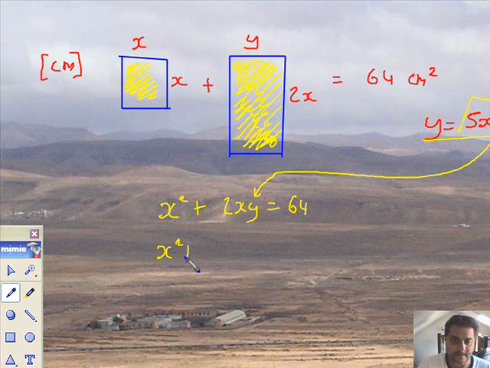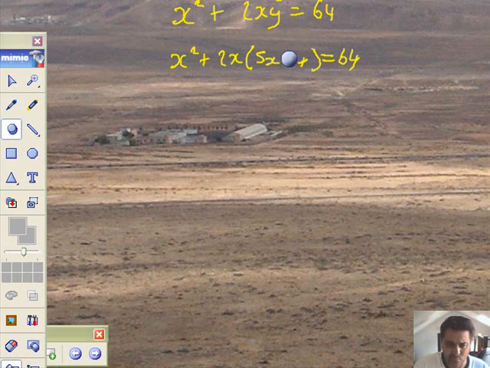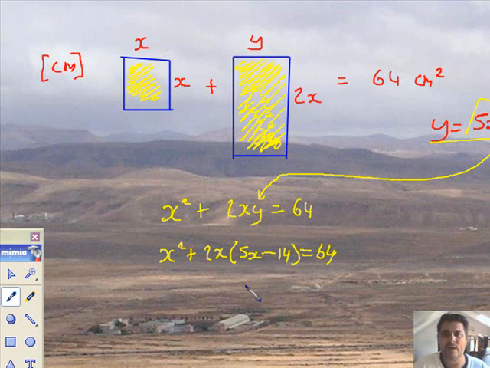So I've got x squared plus 2x multiplied by 5x minus 14 comes to 64. Alrighty then, so multiply this out. The trouble is it's lagging slightly, so it's getting quite tricky to do this.